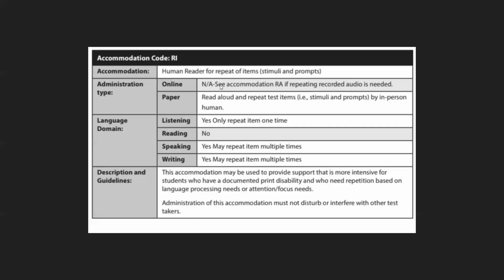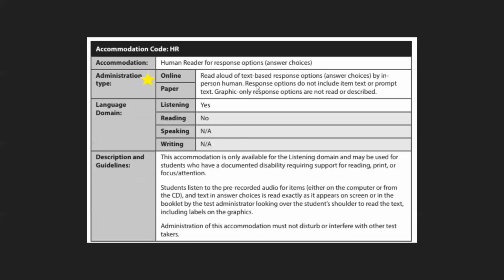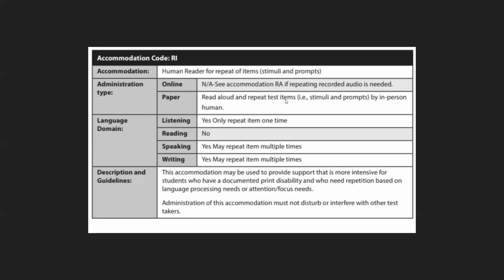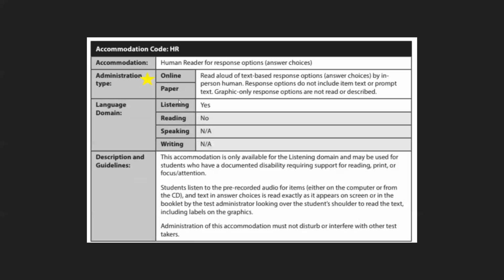And so this option, RI, is not very helpful if you feel like you need to select human reader for repeat of items. Then it must be the RA accommodation that we're going to talk about in just a few moments. Okay, this is only for paper pencil. So we're back to that notion that human reader is only for paper pencil.